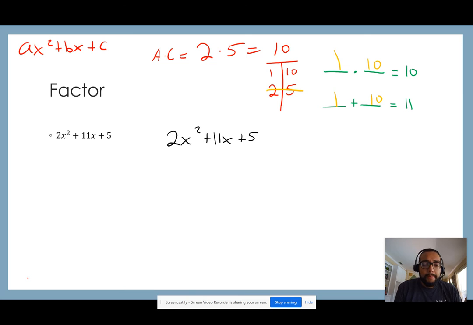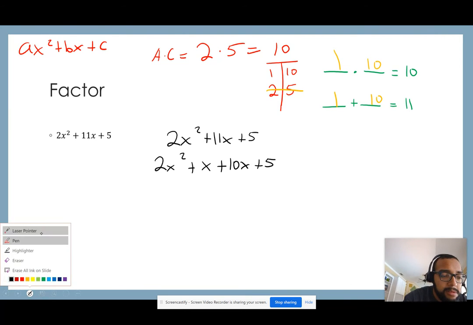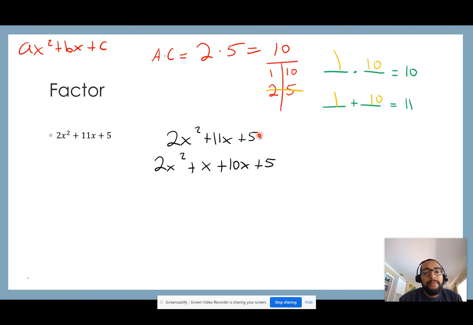Okay, next step, and this is one of the more confusing parts, so feel free to replay this part of the video. I am going to break up the middle term as two separate terms. So, laser pointer. The 2x squared and the 5, those are literally just brought down. They stay the same.